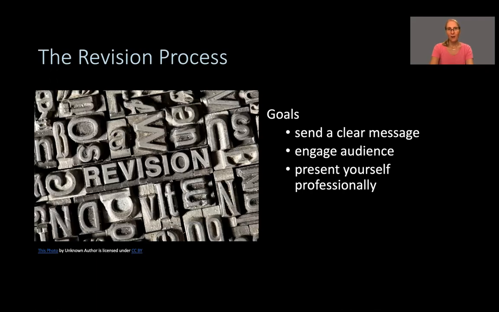The revision process is going to be a fluid one, and as we talked about earlier in the course, the rhetorical situation is going to affect how you choose to revise your work.